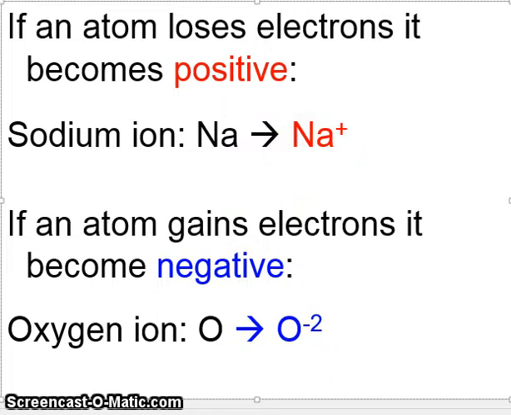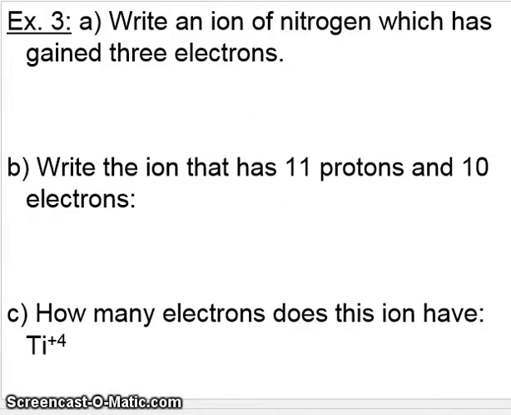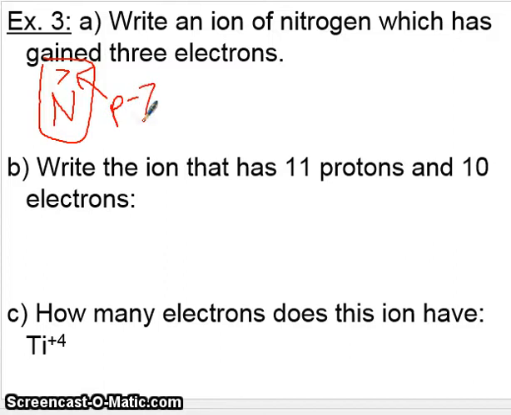So we're actually going to do an example, just so we reiterate this idea. So take a look at this example, 3. Write an ion of nitrogen which has gained 3 electrons. Now what you'll have to do is find nitrogen on the periodic table, and nitrogen will have above it the number 7, and this tells you how many protons nitrogen has. Remember, this is the atomic number. So since the proton count is 7, and it says we have gained 3 electrons, our electron count is 10.